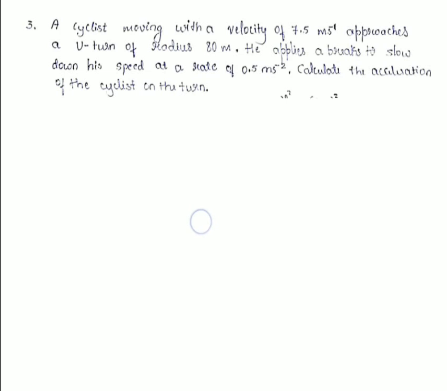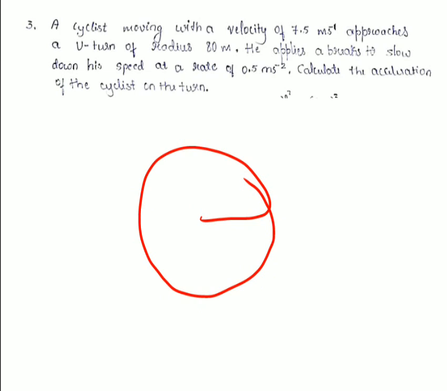So if a person is riding a bicycle and takes a U-turn, the centripetal acceleration will always be directed towards the center of the circular path. Let P be the point where the person takes a U-turn.